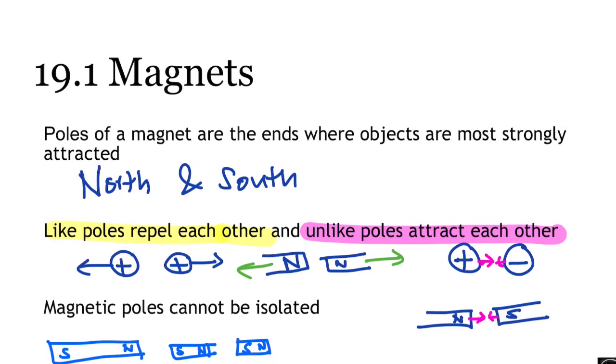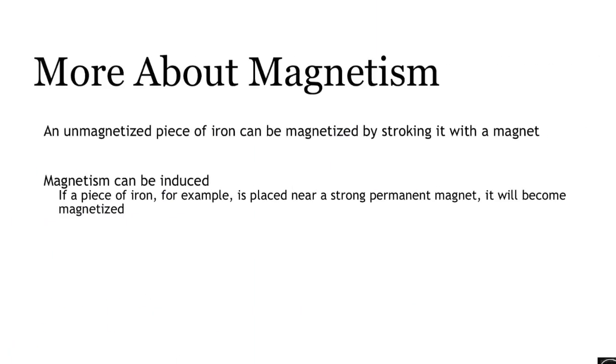You cannot have one single pole. You cannot have north only or south only, which is opposite to the point charge in electricity. We do have positive or proton alone, or negative or electron alone. That is the difference.